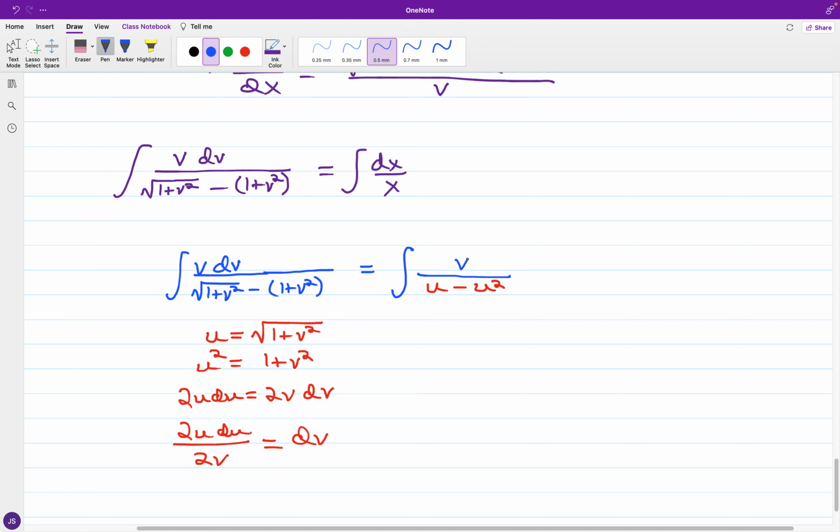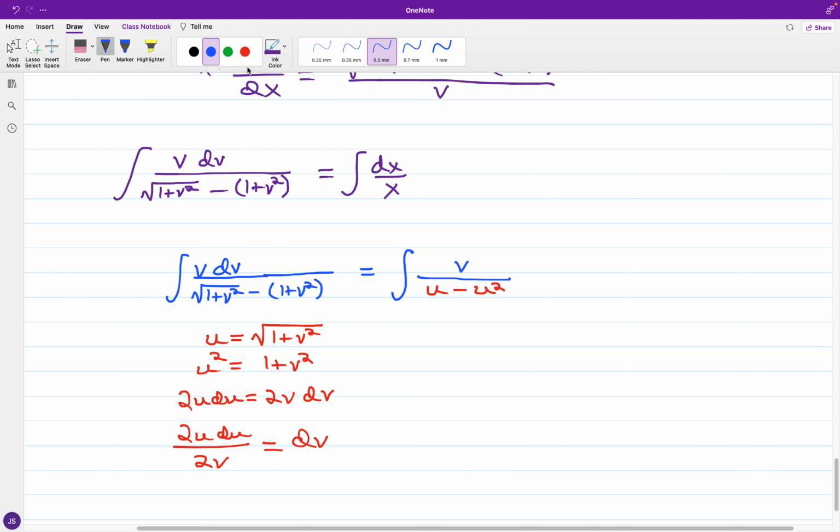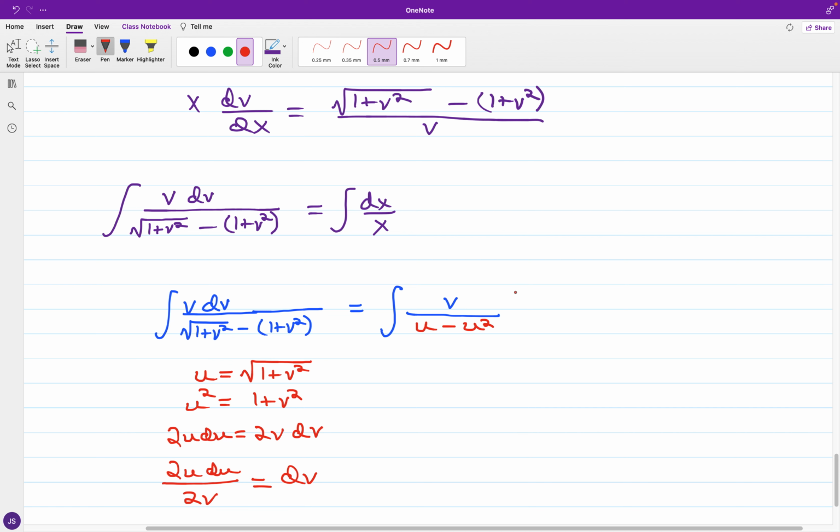And again, I originally had v, and for dv I have 2u du over 2v. If you notice, we have 2's to cancel.